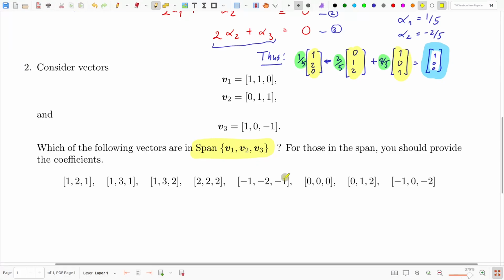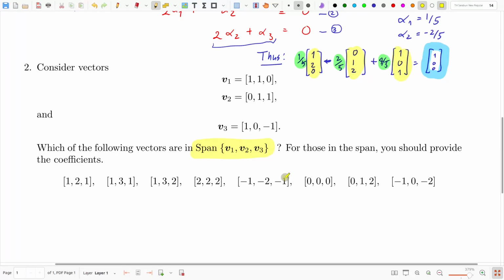For a vector to be in a span, it has to be a linear combination of these three vectors. So if it's in the span, you should be able to say this one is in the span because of such and such. So can you check all the vectors?